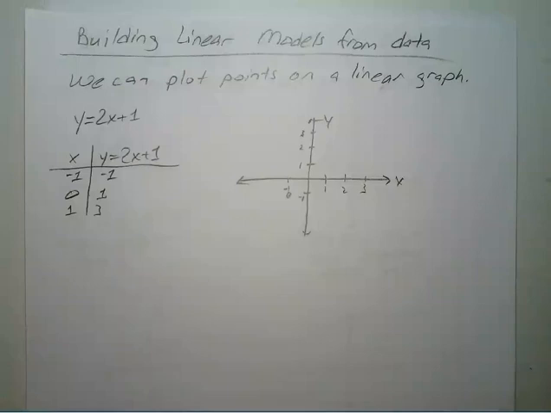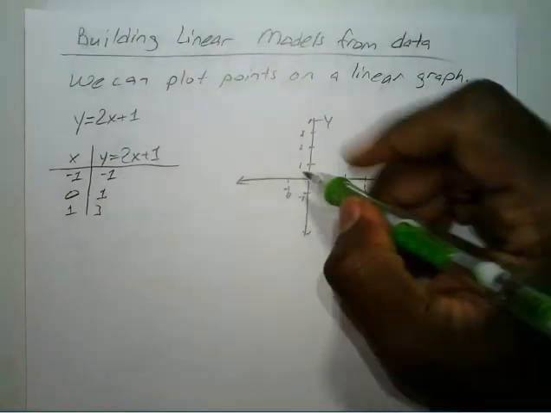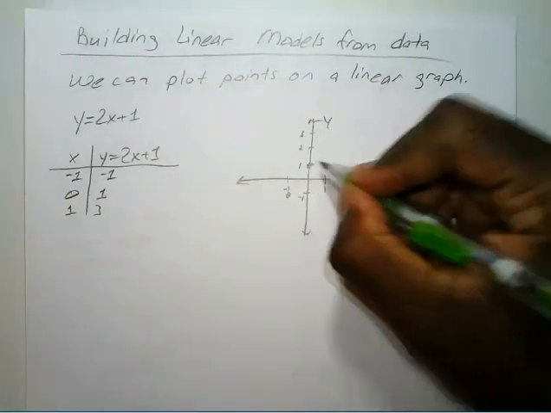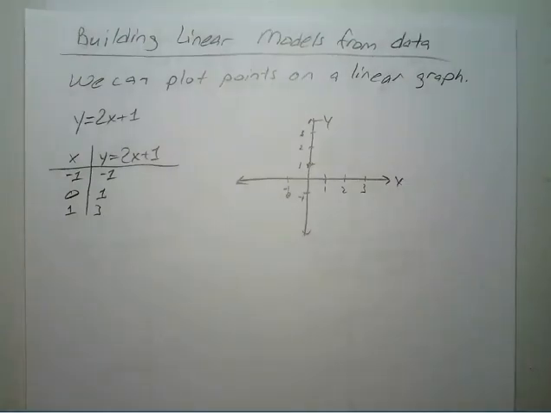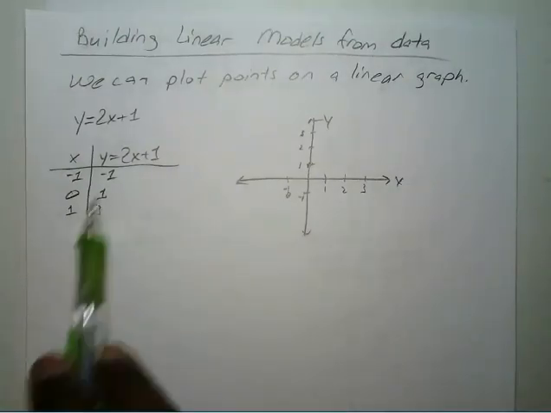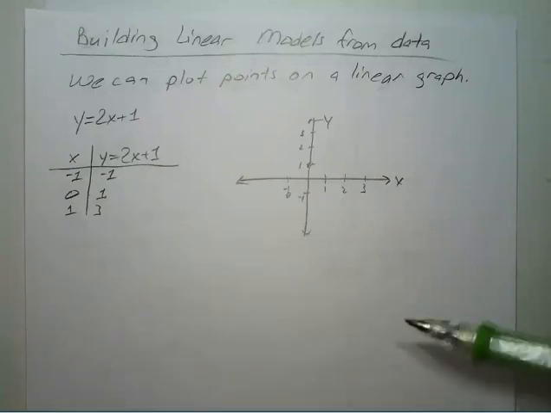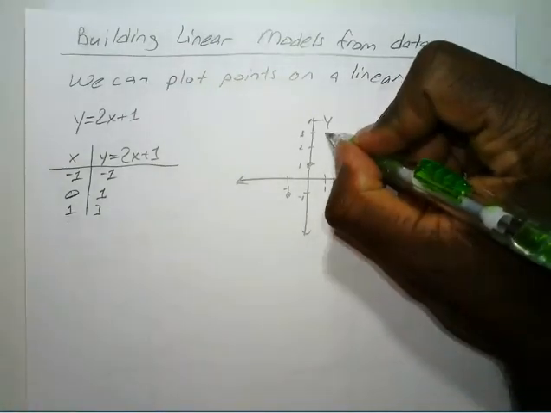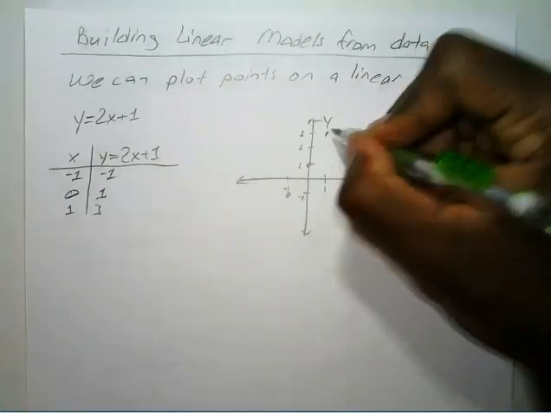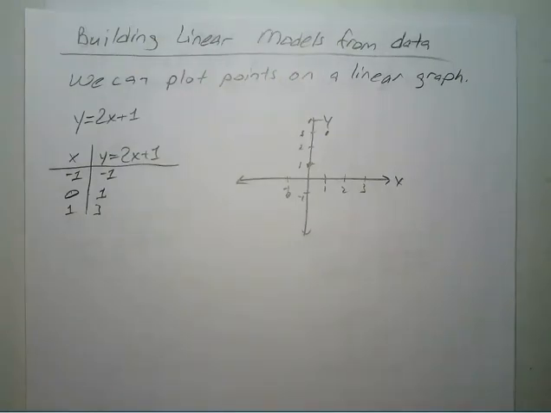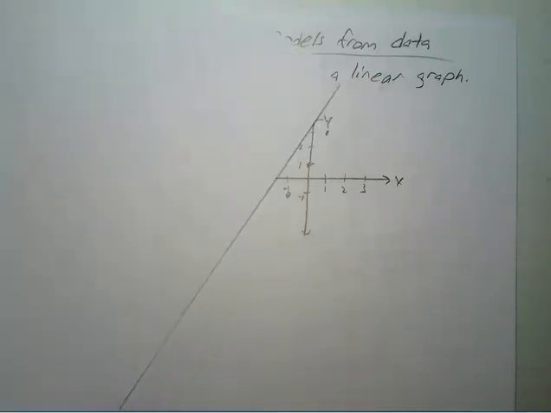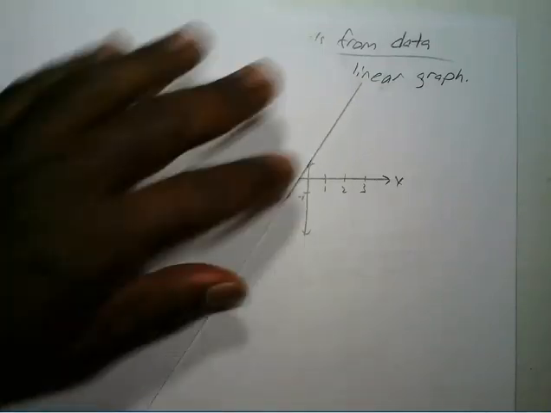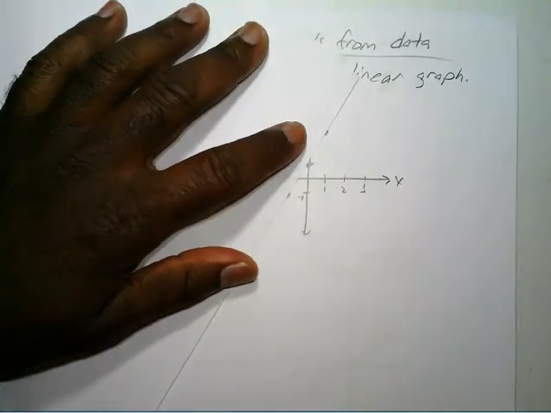We plug in x equals 0, we get 1, which is about right there. And if we plug in x equals 1, 2 times 1 is 2, plus 1 is 3. It's about right there. So you just get your straight edge, and all of the points are linear because your equation is linear.